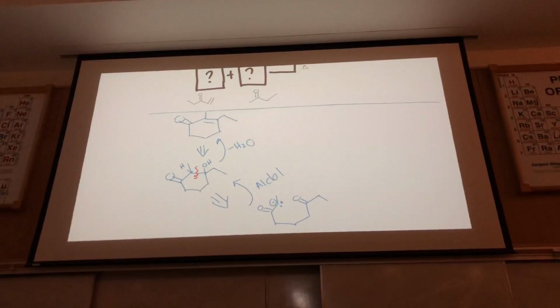With practice, you can probably just go straight to that step. You realize that the pi bond part of the Robinson has a carbonyl on one side and enolate on the other, right? So that's what we did there. But it doesn't hurt to do it stepwise if that helps.